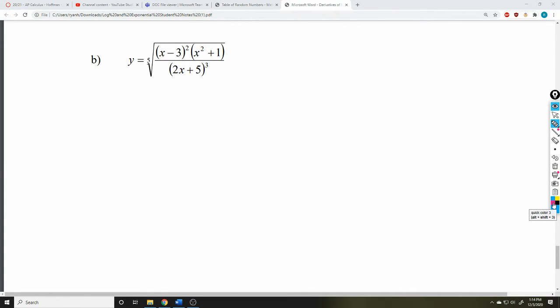Let's take the natural log of both sides. So it would not be impossible to do the other way, but it would be very long and tedious. So instead, we're going to say this is the natural log of all of this to the 1/5 power. And we're going to do a whole lot of simplifying before we start to take the derivative here.